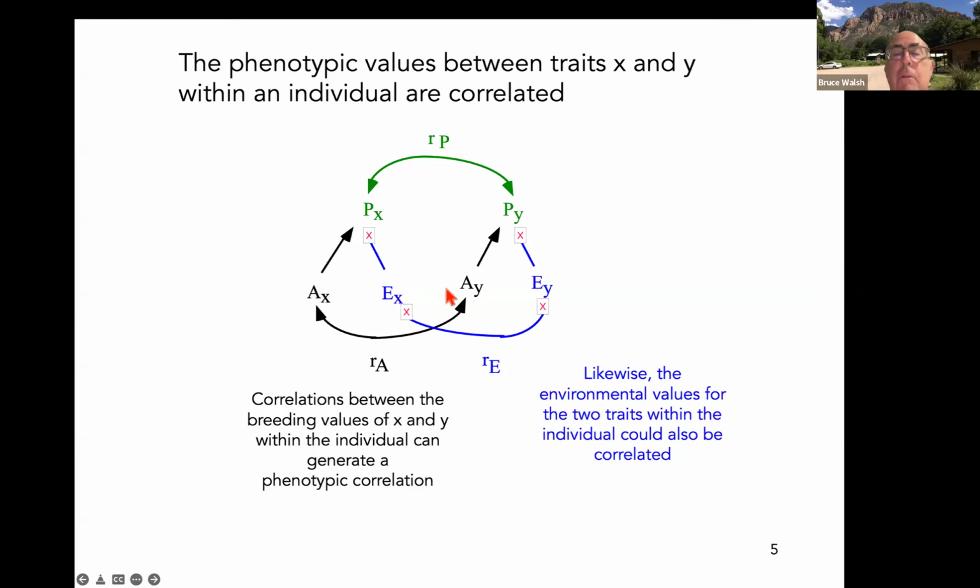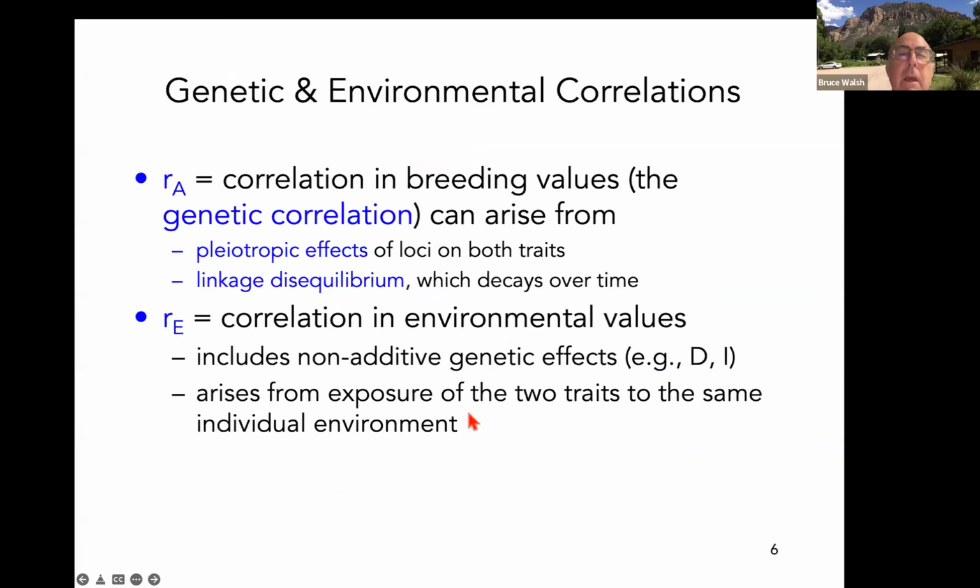Whereas these could be genotypic values if we talk about offspring being exact clones of their parents. So there's a phenotypic correlation which results from a genetic correlation and an environmental correlation. And the key here is that correlation in breeding values, we'll typically use that when we talk about genetic correlation, but again, it can also apply if offspring are clones, in which case instead of the breeding value it would be the genotypic value.